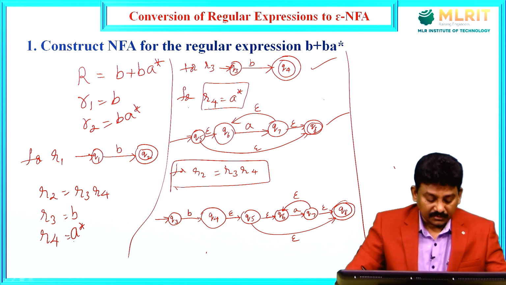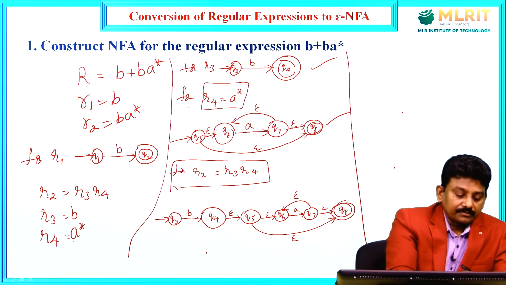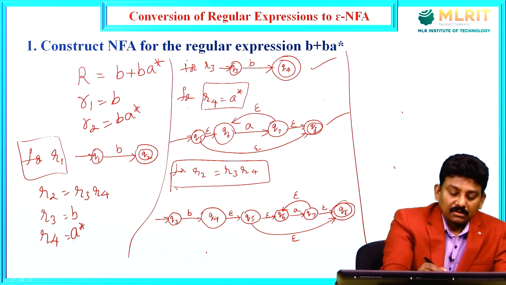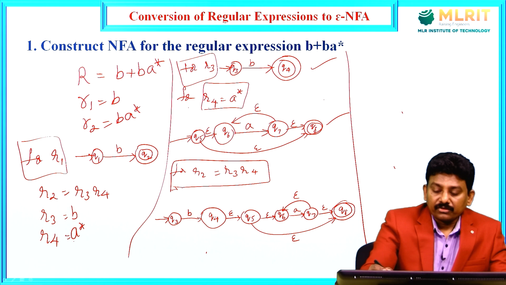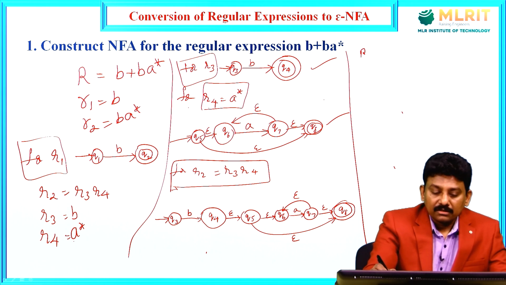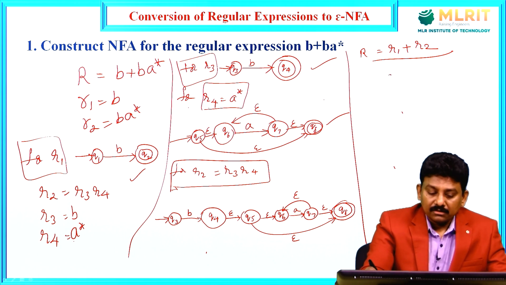So, this is for R2, concatenating R3 and R4. Next, R1 is over; this is R1, and this is R2. Now for R, that means R1 plus R2, the union case. Q1, Q2: Q2 is no more a final state now.